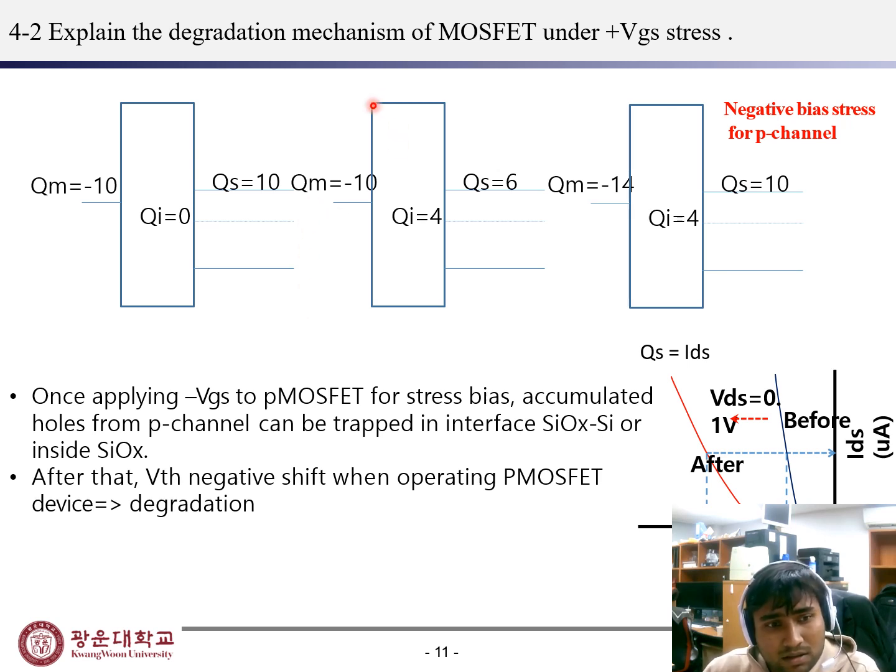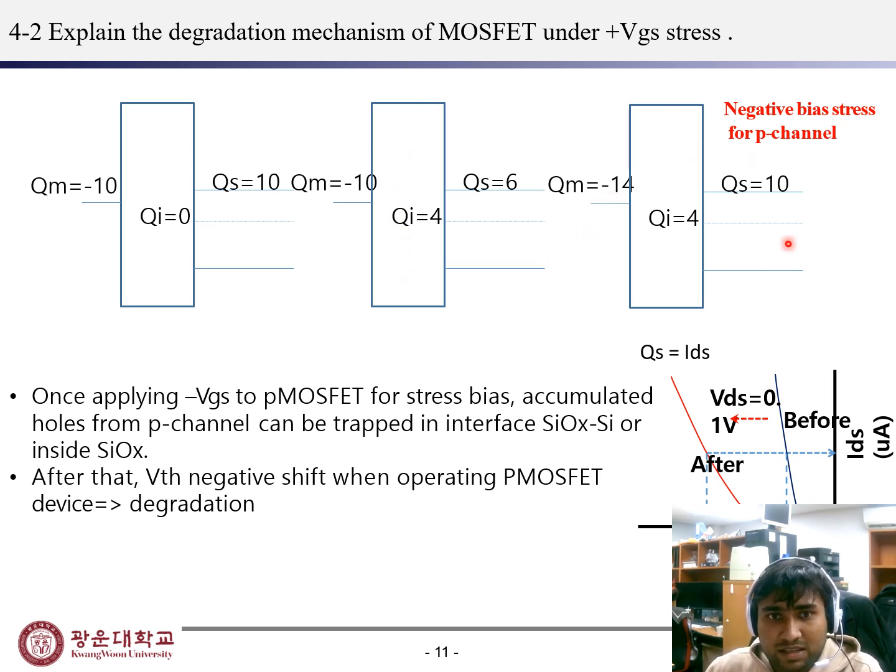But after some days, we applied negative VGS that generates minus 10 electrons, but in the channel side induced 6 electrons. Where do the other 4 electrons go? They are absorbed by the metal oxide.